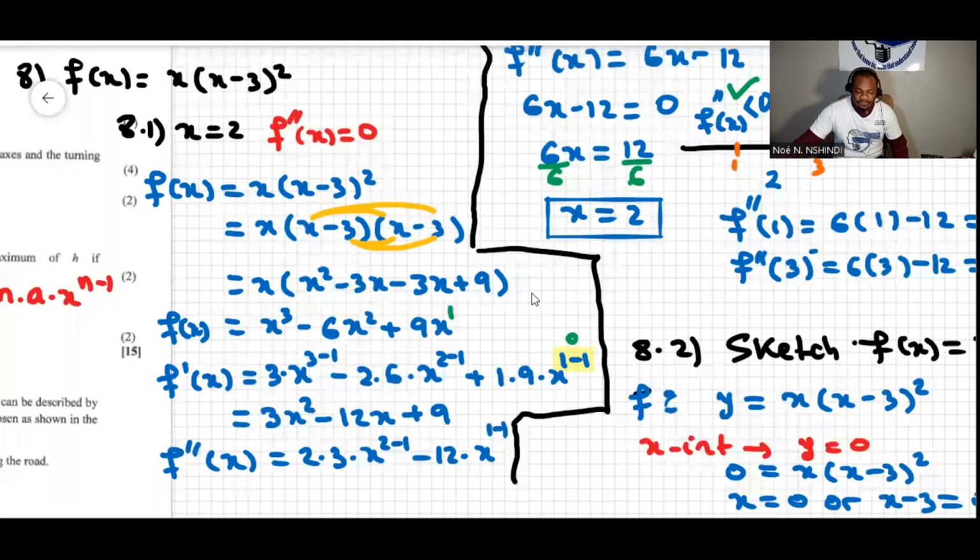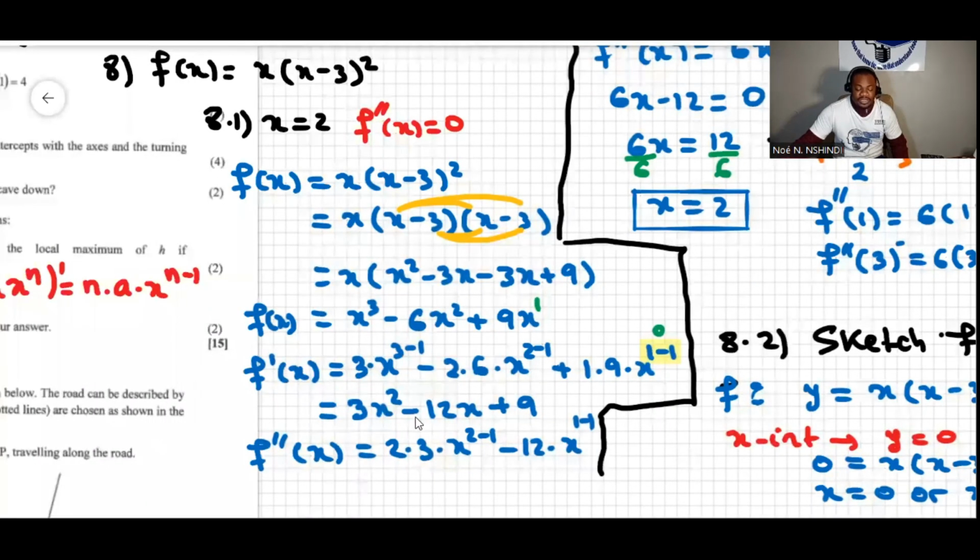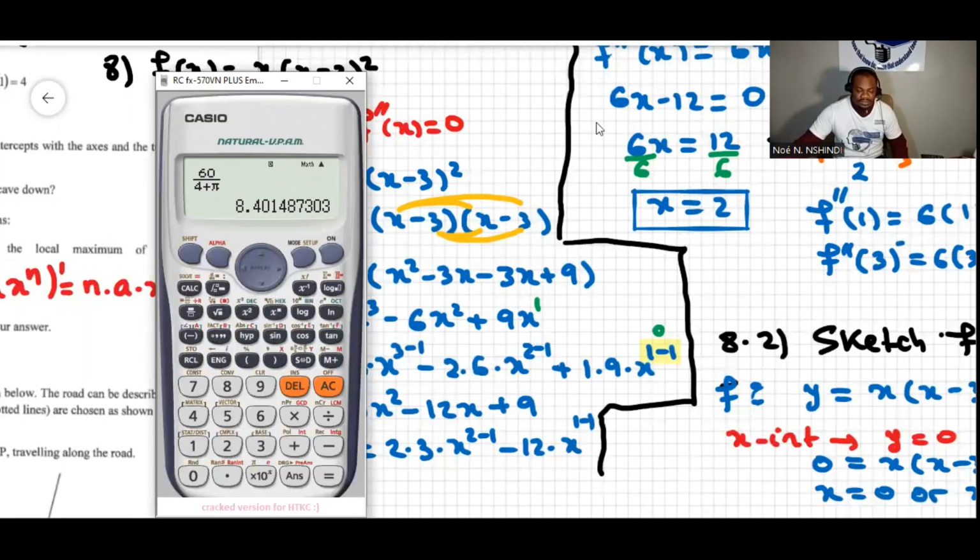We did find f prime of the function here. f prime of x equals 3x squared minus 12x plus 9. Now we're going to substitute the value of 2 wherever we see x. I can use a calculator for that.